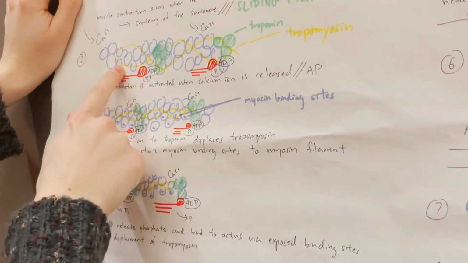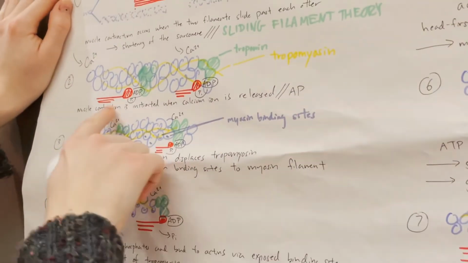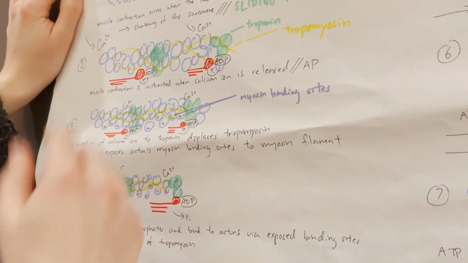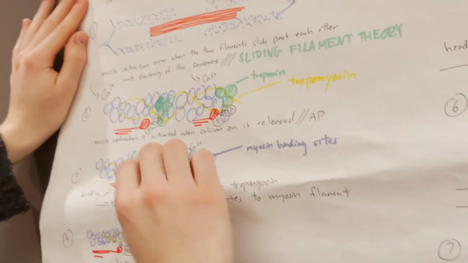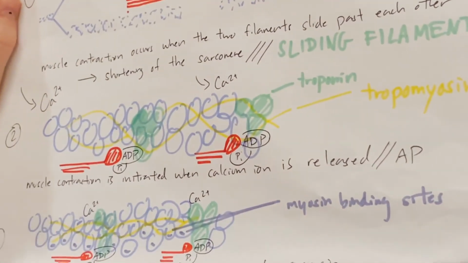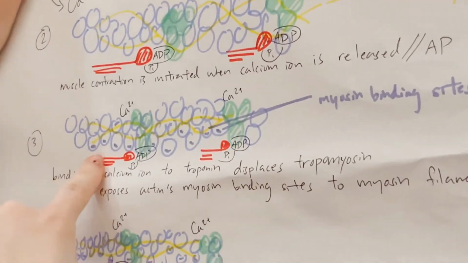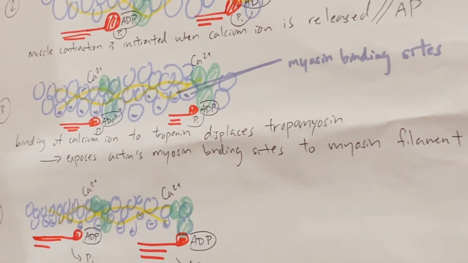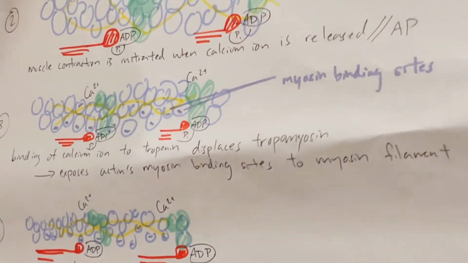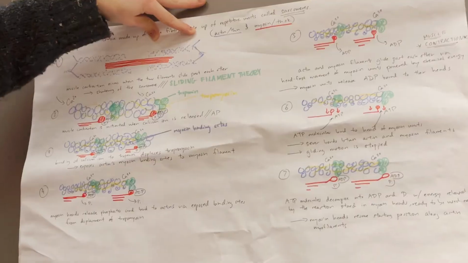And they're blocking these binding sites along the actin for myosin to connect. When calcium arrives in the cell, calcium will change the binding sites of the actin and leave this area open. So now there's room for myosin to bind to this actin.